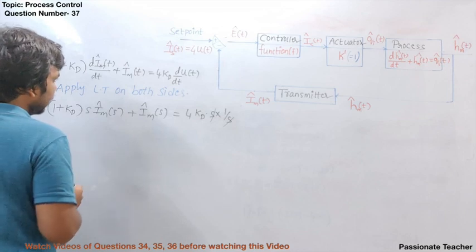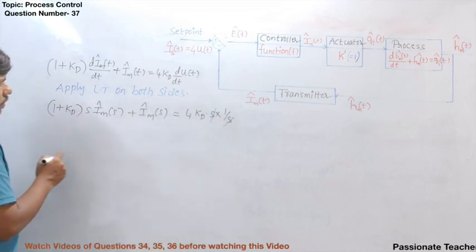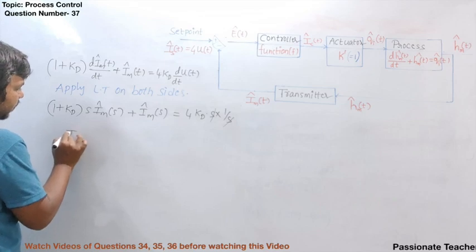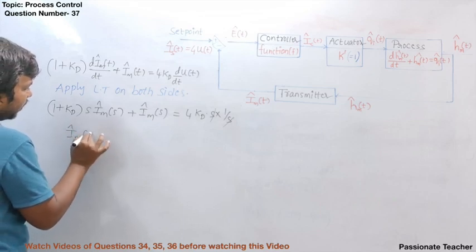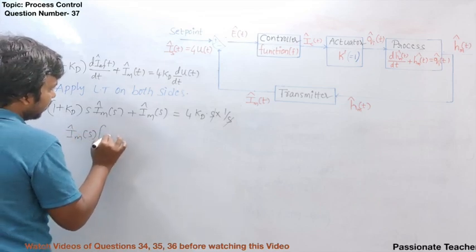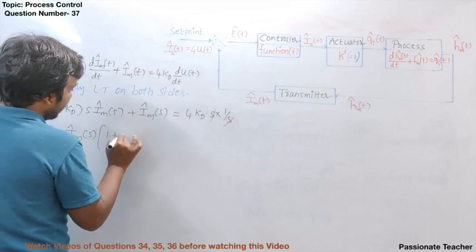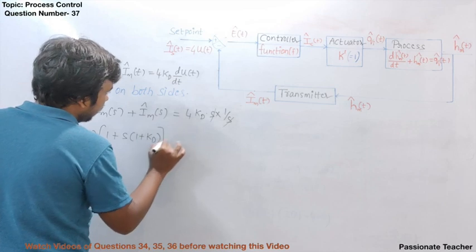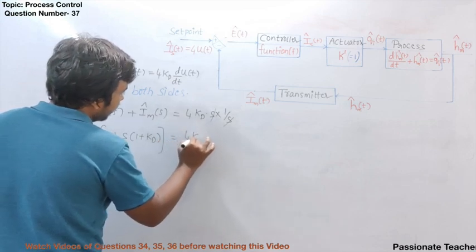So from here we can rewrite like this. If you take Im cap of s outside, then inside the bracket you are going to have 1 plus s into (1 plus kd) whole equals to 4 times of kd.